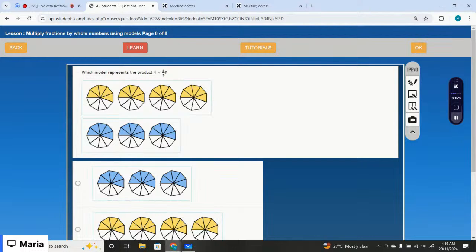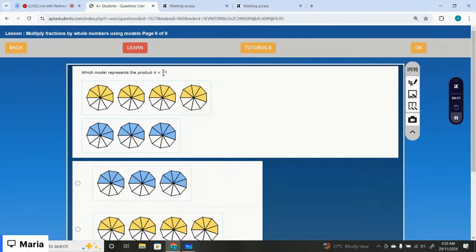Which model represents 4 times 5 by 9? So which is the correct option? The correct option is 5 by 9.